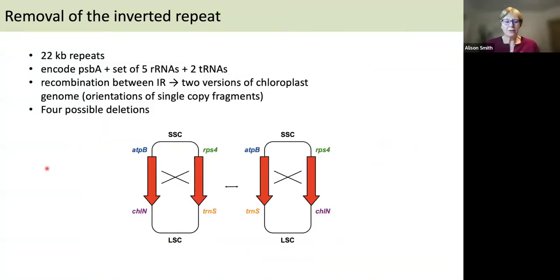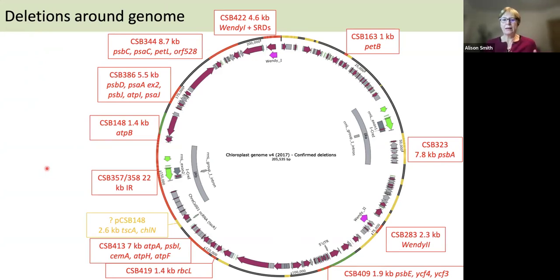So what we have also done, because we can recycle the marker, is that we knocked out one region. So for example, we've knocked out this region here, and then we've knocked out another region as well in the genome. But the challenge here is that when we've knocked out the first region, the cells are non-photosynthetic, and they're also light sensitive.